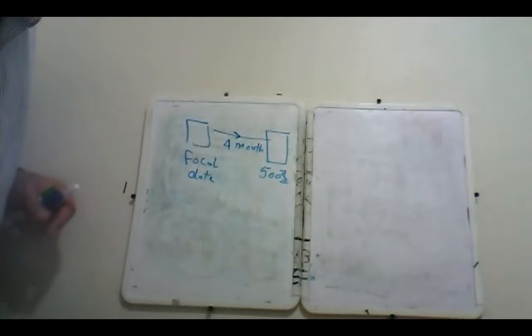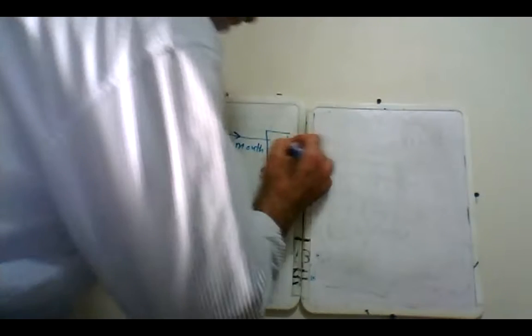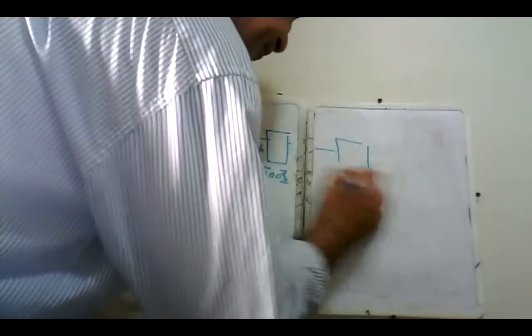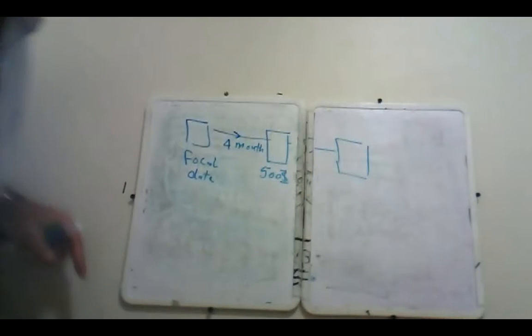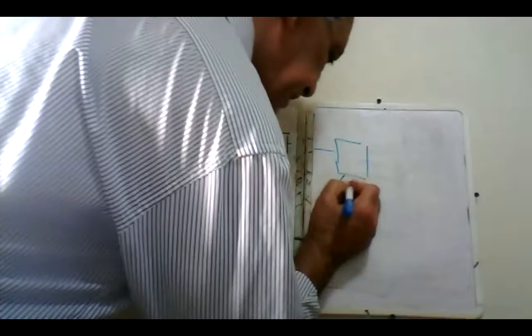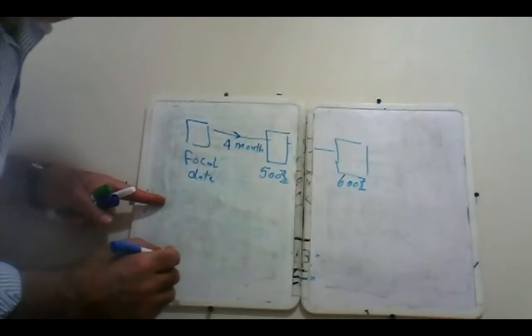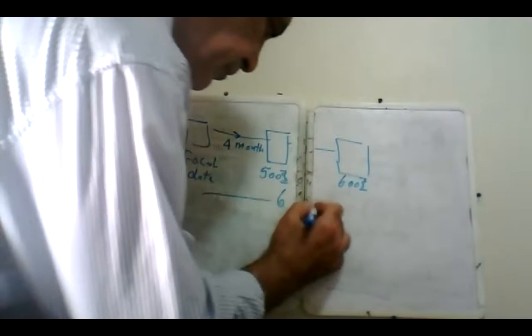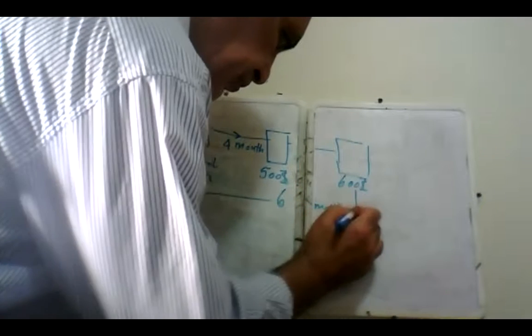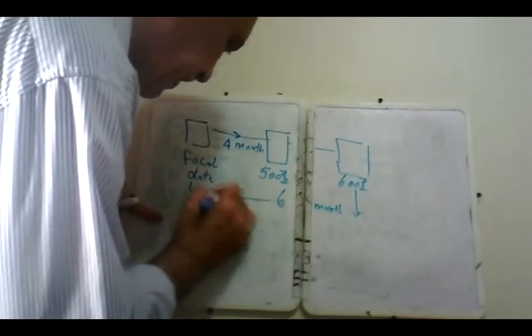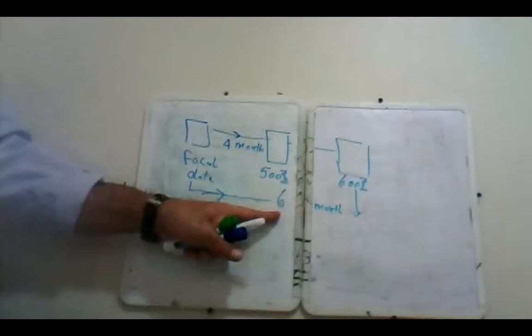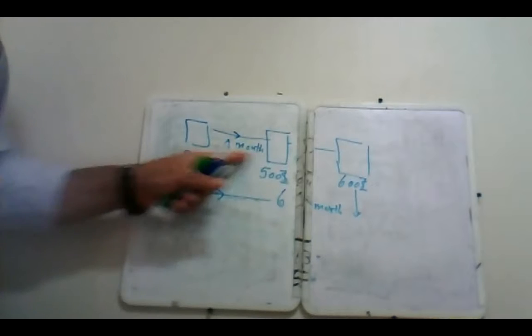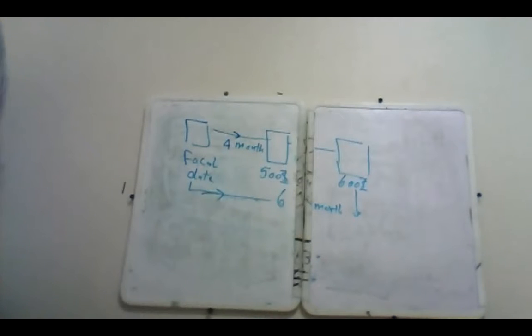And we also took $600 from the bank, and the period of the $600 is 6 months. So the time between the focal date and the maturity is 6 months for the $600, and 4 months for the $500. So I just want to know what the present value is now.